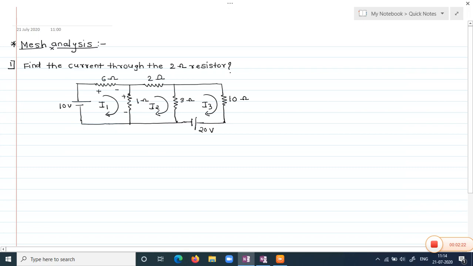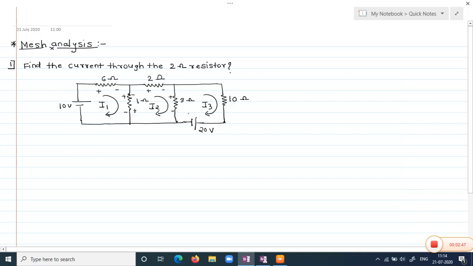For the second mesh, the current flowing through the 1 ohm resistor is from positive to negative. Here the current flowing through the 2 ohm resistor is from positive to negative. Again the current flowing through the 3 ohm resistor is from positive to negative.